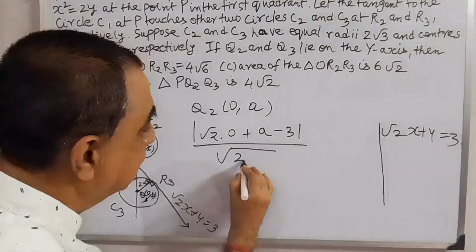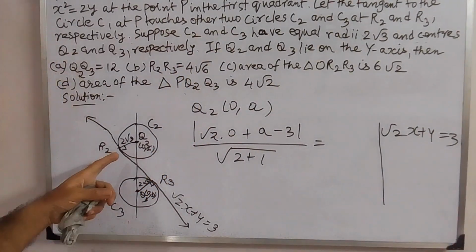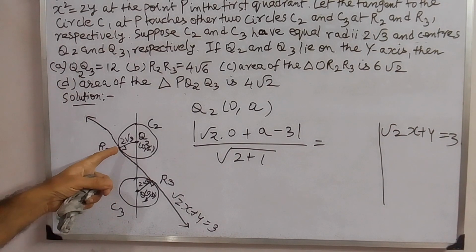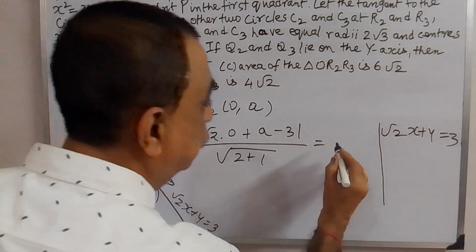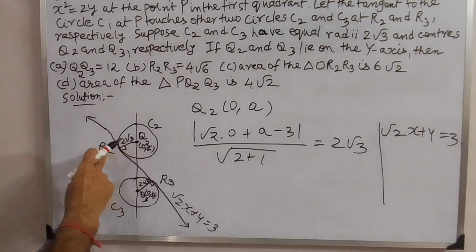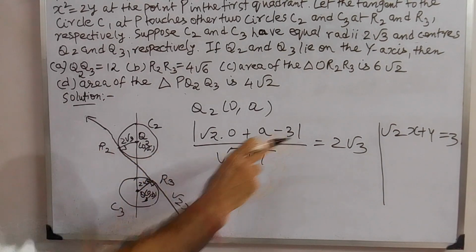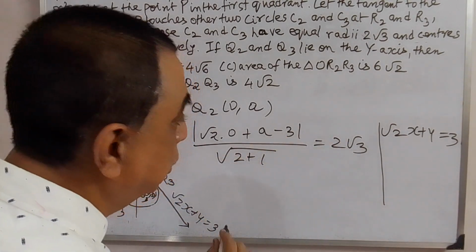So root of 2 squared plus 1 squared. That is the perpendicular distance from the point Q2 to this line, and it equals the radius, which is given to us as 2 root 3.